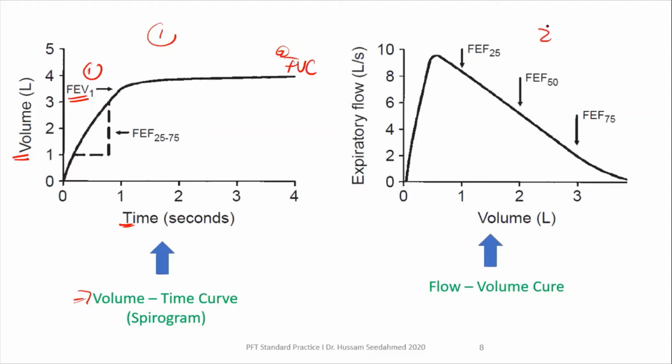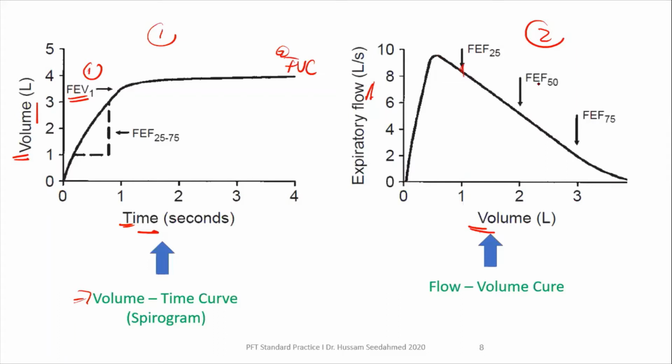The second type of curve is the flow volume curve, and this plots flow against volume. Here I have volume against time. Here this is flow against volume. This is how it looks. From this, usually we can measure the FEF25, that is the forced expiratory flow when the expiration is 25%.